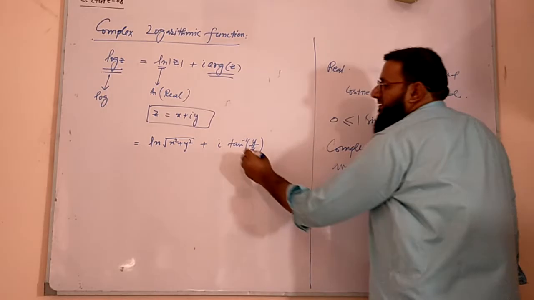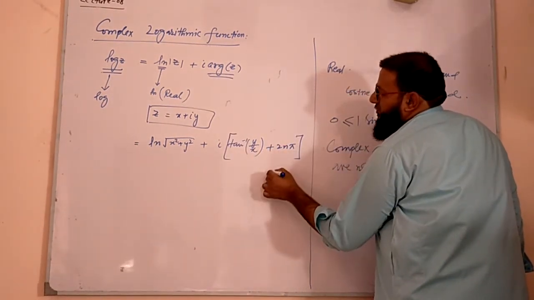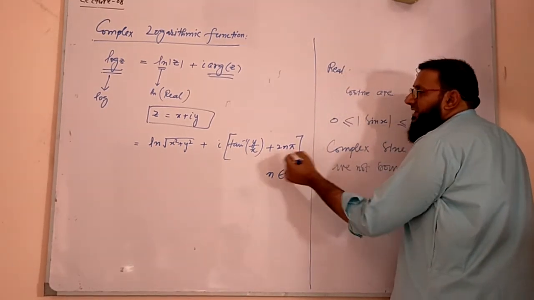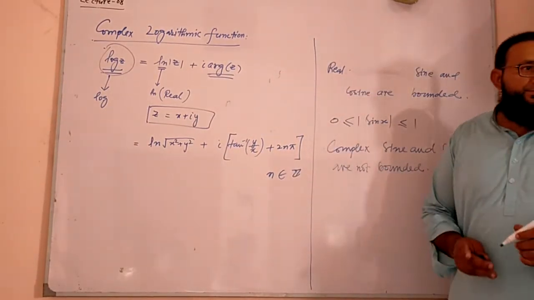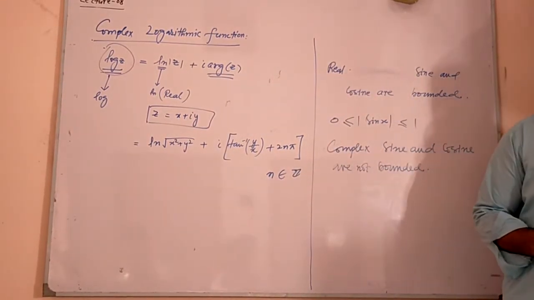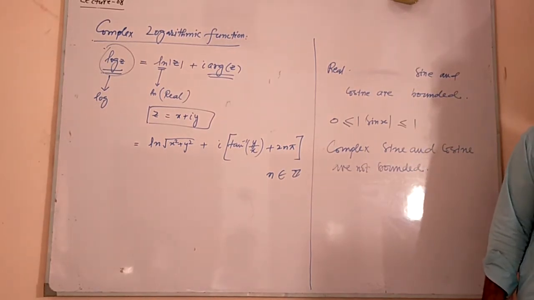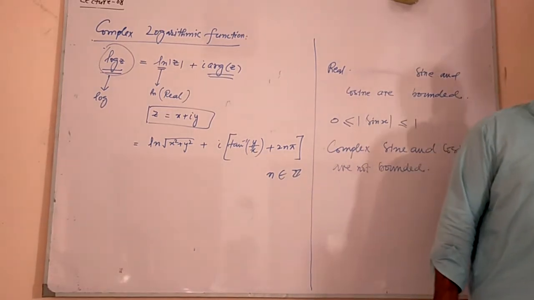But I know very well I can add something to this, namely 2n pi. So for each n I will be getting a different value for log z. That's the problem. And we want it to be defined uniquely. Then we will find the principal value of the logarithmic function. It is something that we are going to do now.